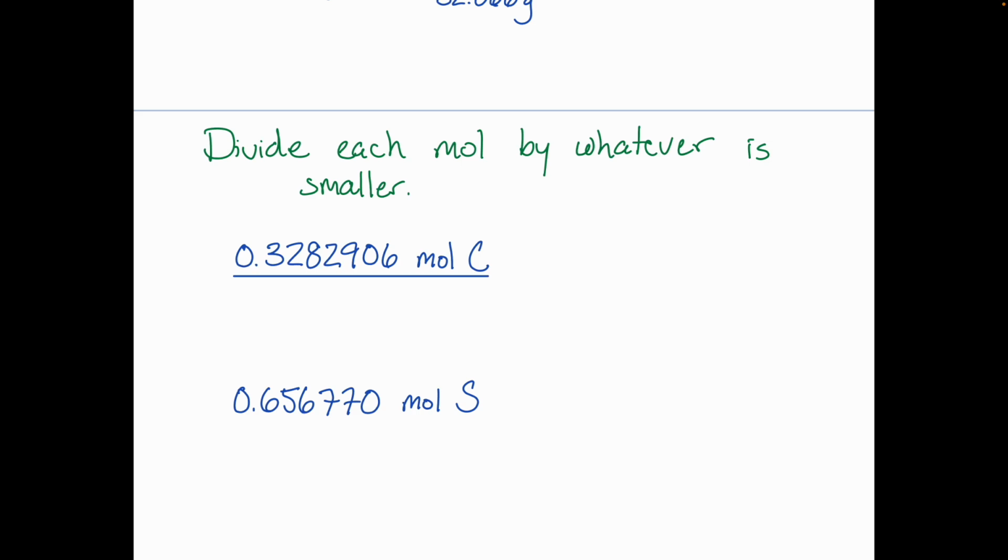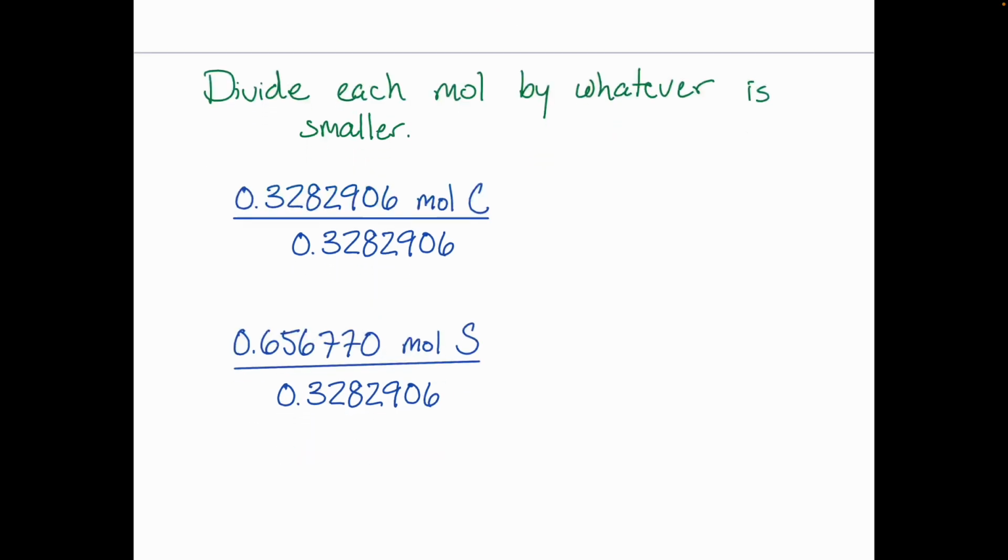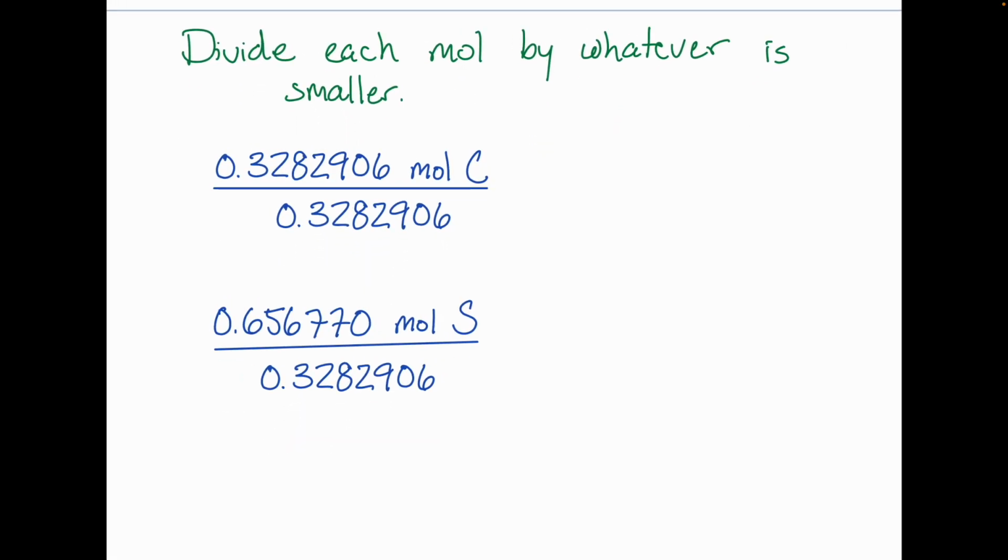It won't change that ratio of carbon atoms to sulfur atoms. Right, so I'm going to divide both of them by that smaller of the two numbers. So again, in my first calculation, I'm keeping track of carbons. My second one, I'm keeping track of sulfurs.